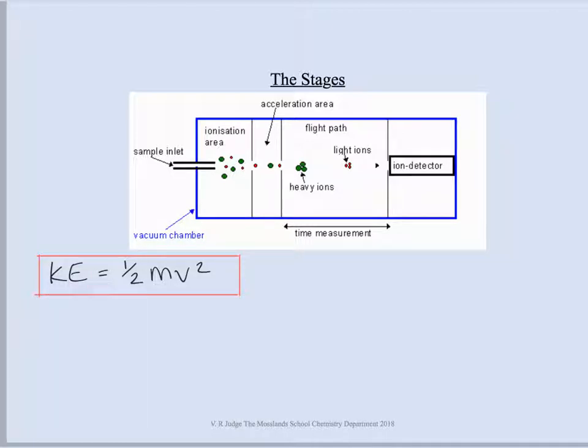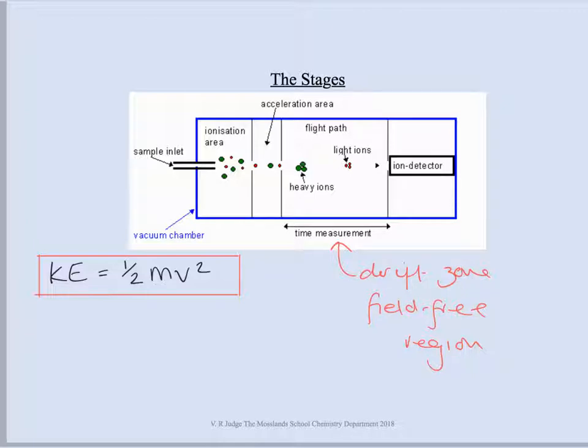This is so that once they go into the next region, which is the drift zone, sometimes called the drift zone or the field-free region, where there are no fields to affect the movement of the particles, no magnetic fields, no electric fields or anything like that, once all the particles have the same kinetic energy, we've just got mass and velocity left in this equation, because kinetic energy becomes constant for all of the particles.